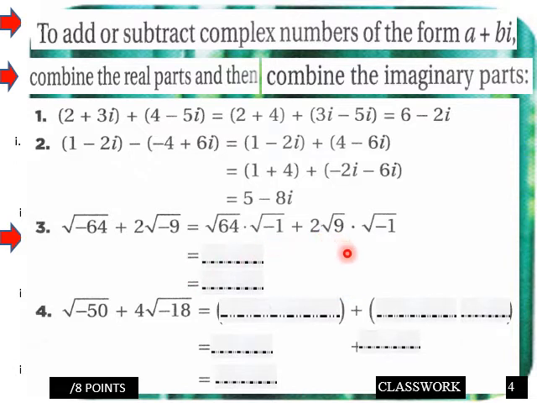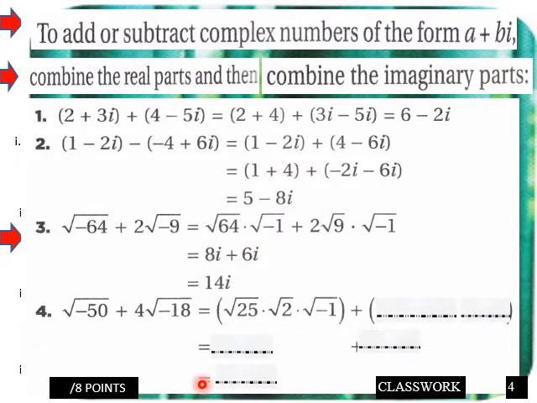2 times the square root of 9 times the square root of -1, plus the square root of -64 plus 6i. So this would be i here, and this would be i here. We see 8i, and then 2 times the square root of 9 would be 3, so that's 6i. Then we can combine those to 14i.